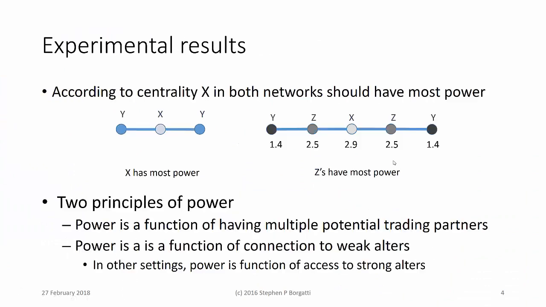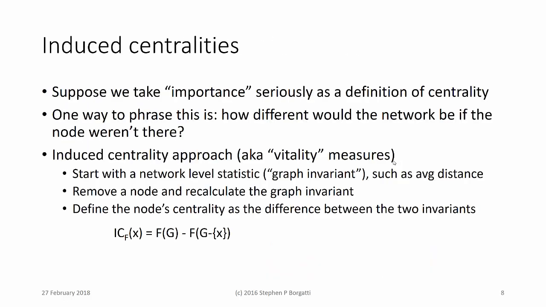What I want to show you is something called induced centralities. And it's a family of centralities. And it's a way of constructing a centrality specifically for your data set.